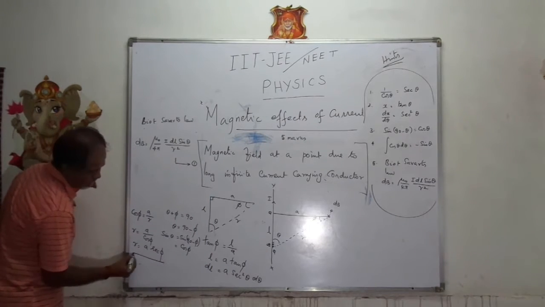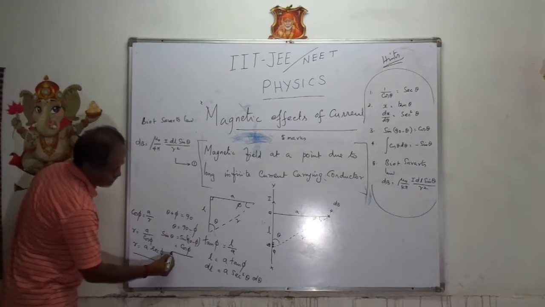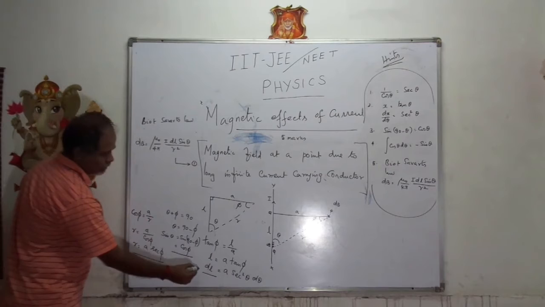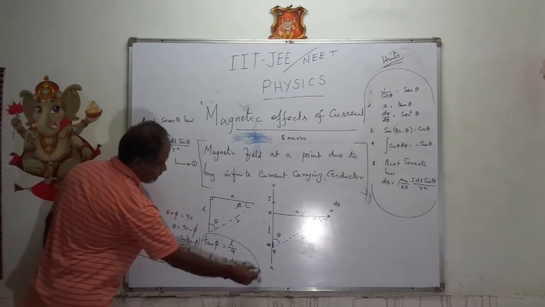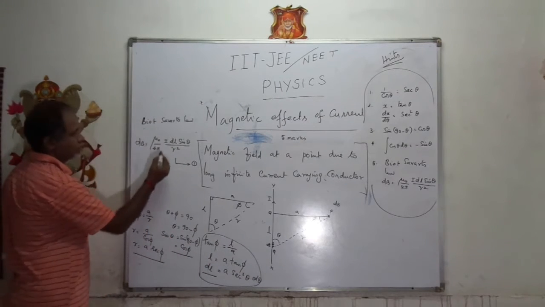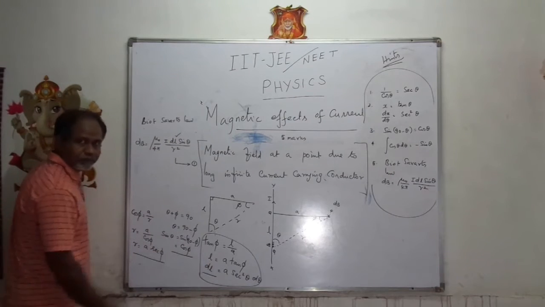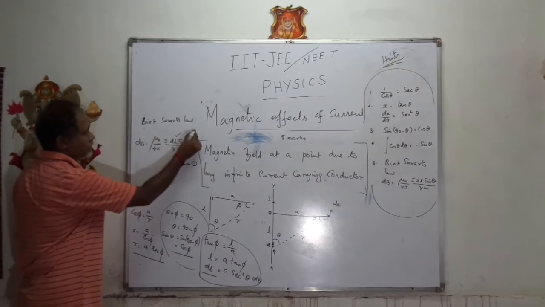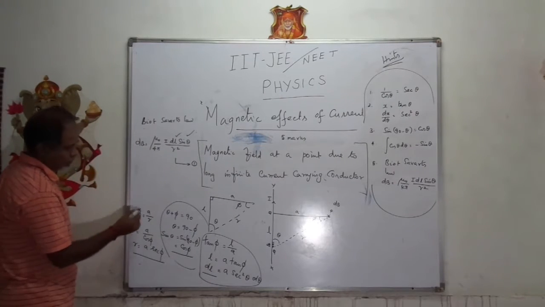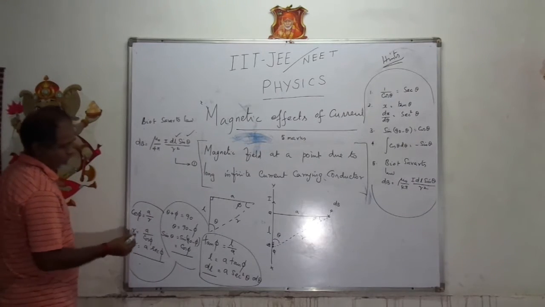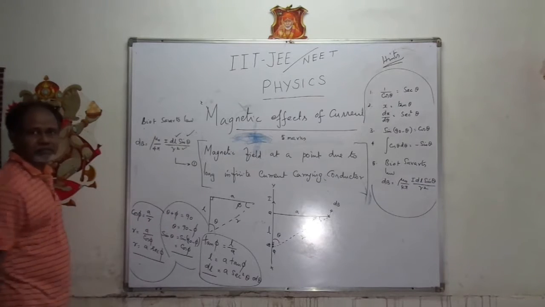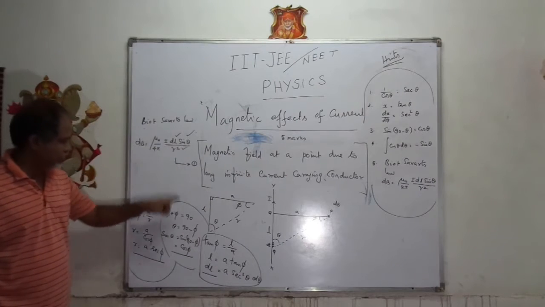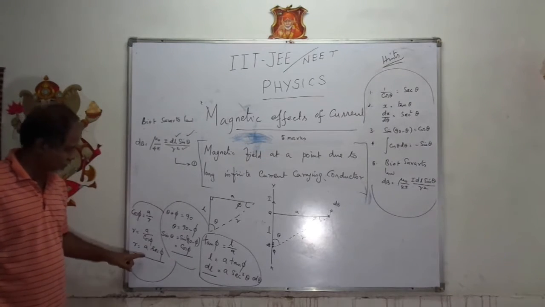Now in the expression for dB, instead of dl substitute this value, sin theta from this value, and R from this value.